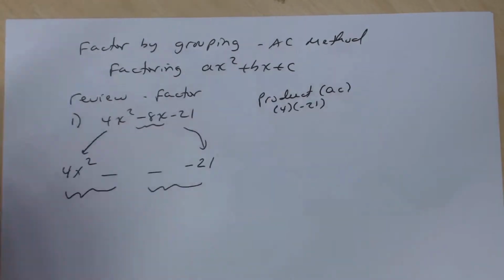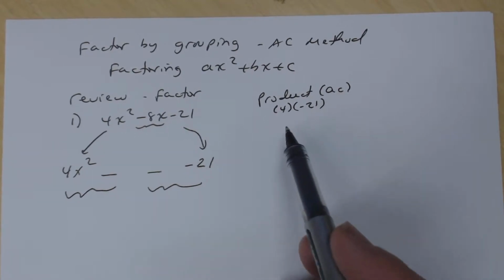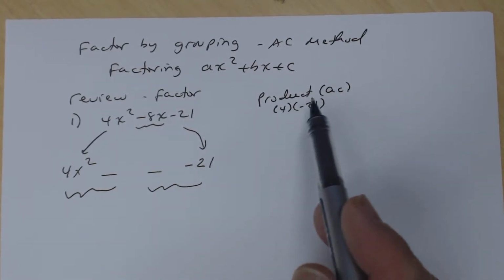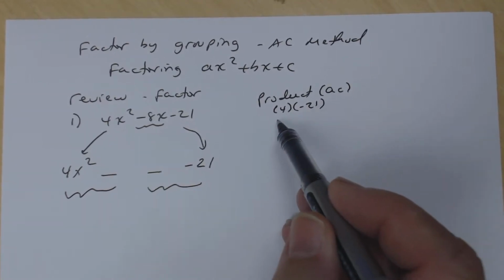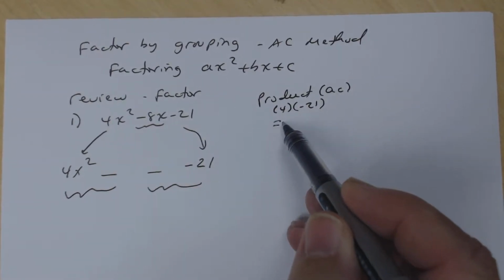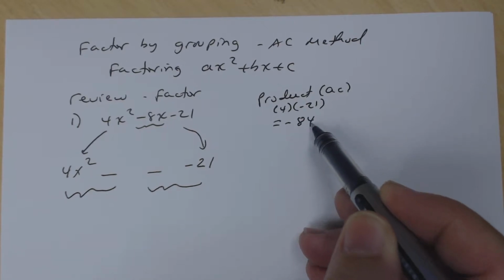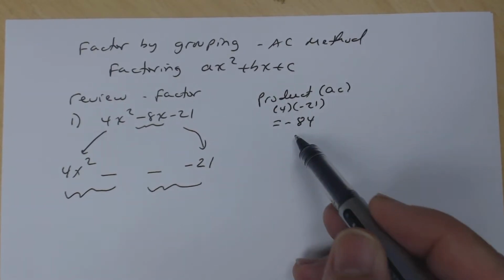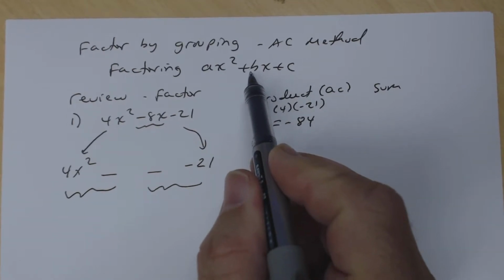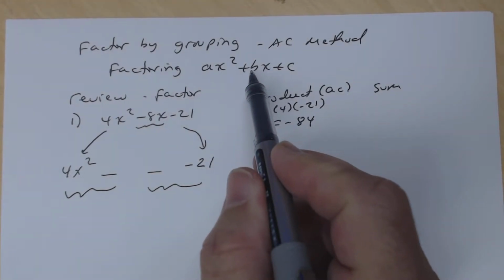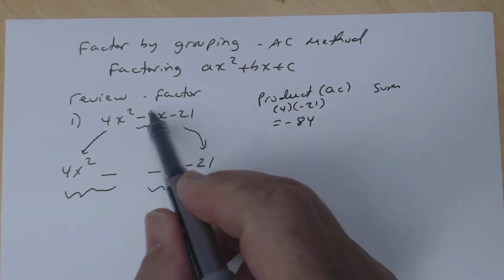If you need to, a calculator may be helpful to determine factors of these numbers as we go through this. But 4 times negative 21 is negative 84. So we want 2 numbers whose product is negative 84 and whose sum is B, the coefficient of the middle term, which is negative 8.